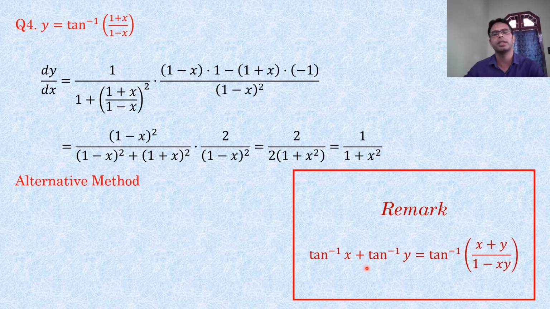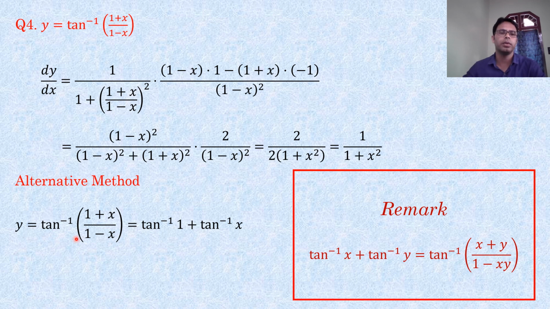So this will be discussed in the chapter inverse trigonometric function. You see y is equal to tan inverse of (1 plus x) by (1 minus x). You can write it as 1 plus x divided by 1 minus 1 into x. Is it clear? 1 into x, that is x plus y divided by 1 minus x into y.